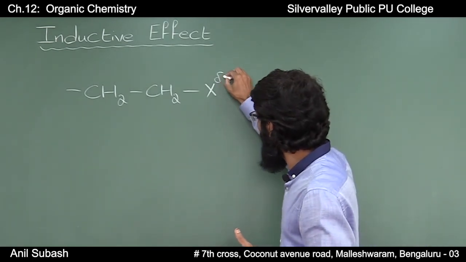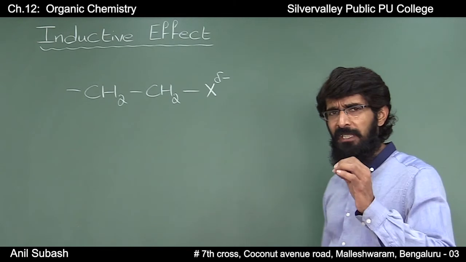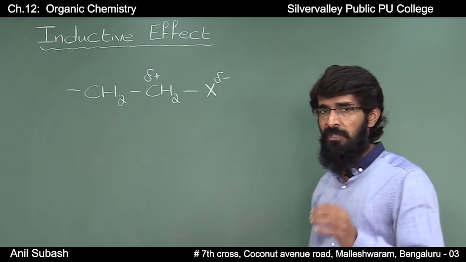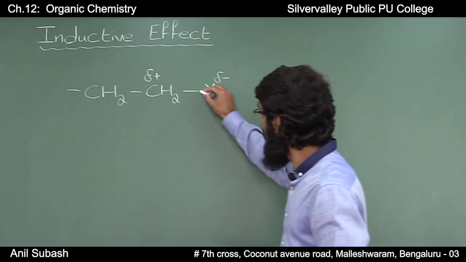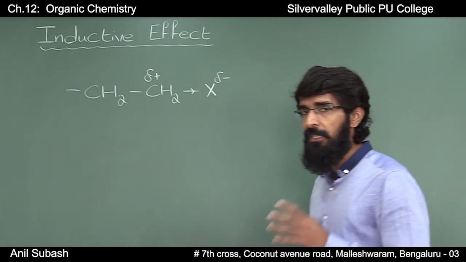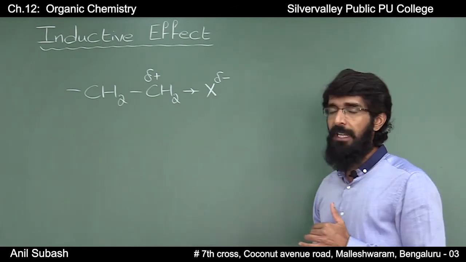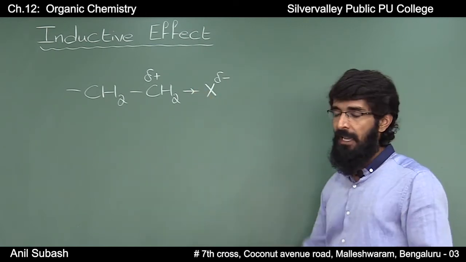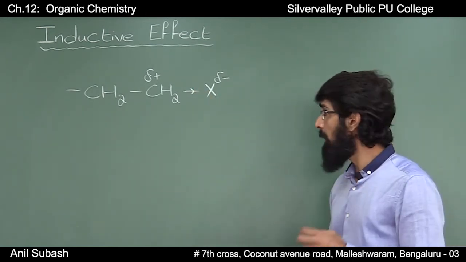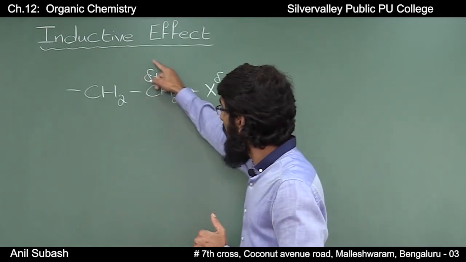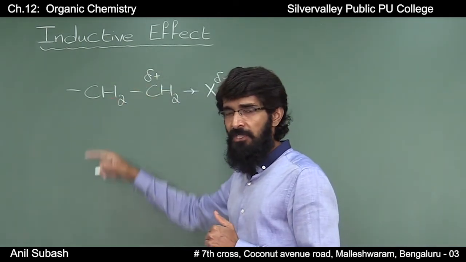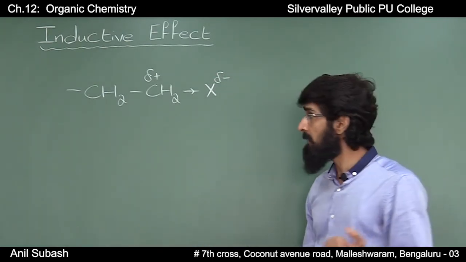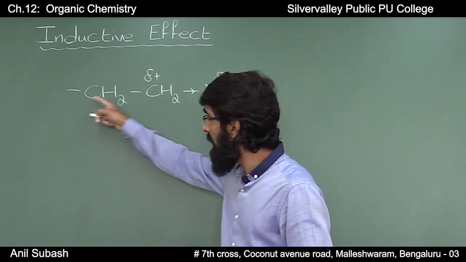The halogen atom will develop a partial negative charge and the carbon atom will develop a partial positive charge, and the movement of electrons towards the halogen can be indicated by an arrow mark.